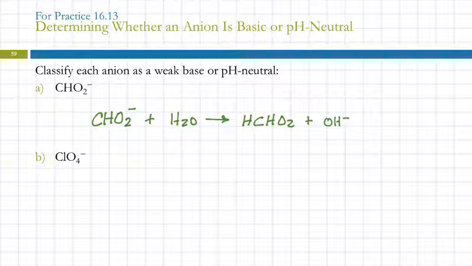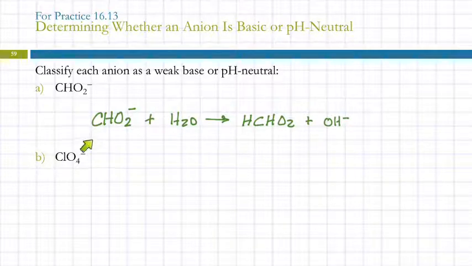The relationship between a base and its conjugate acid, or acid and its conjugate base, is 1 hydrogen ion. So here I'm going to add H plus to this, and I get HCHO2. Now, that's an acid. Is it weak or strong? It's weak because it's not one of the 6, right? Anything that's not one of the 6 strong acids is a weak acid.